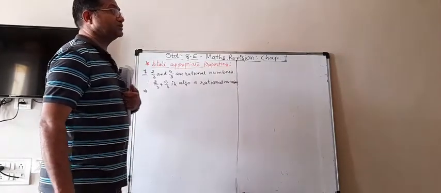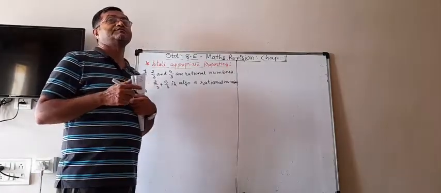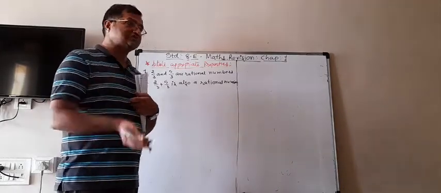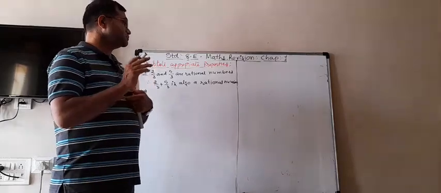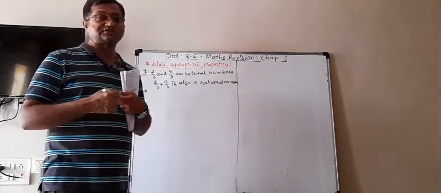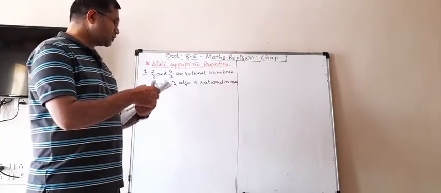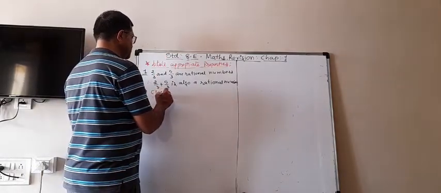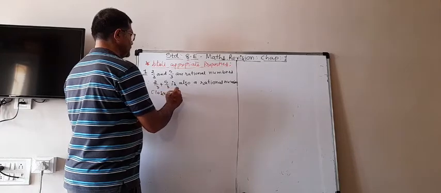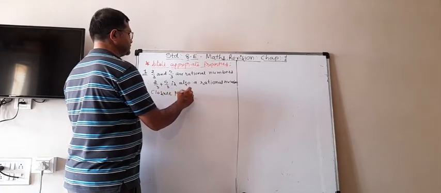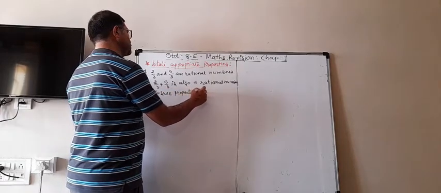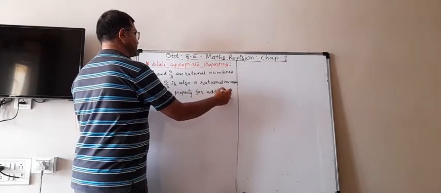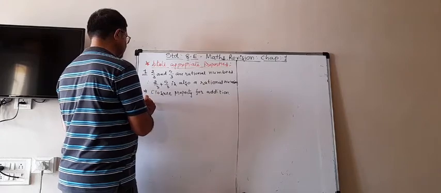We know that the first property we learned is that when we add two integers or two rational numbers, the answer again is a rational number, which is known as the closure property. So it is closure property for addition. That is our answer.